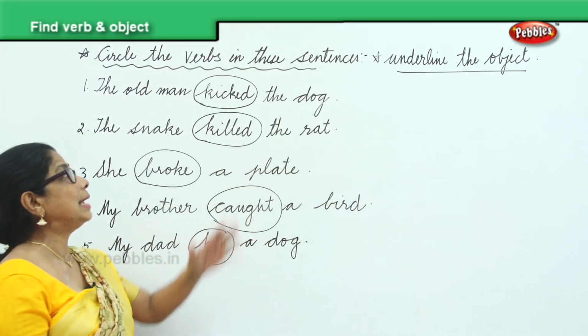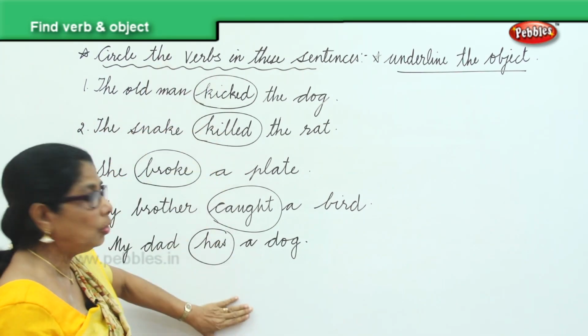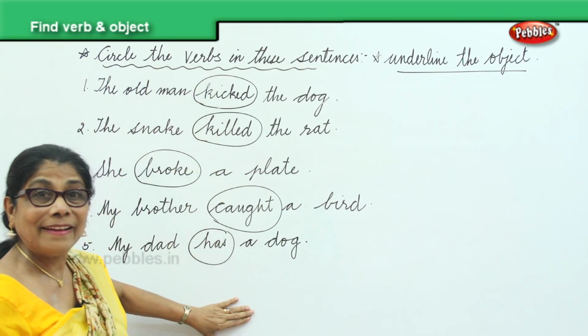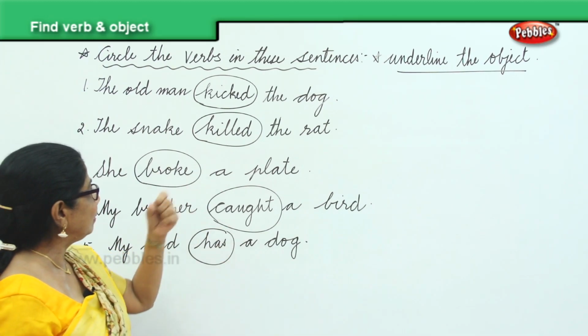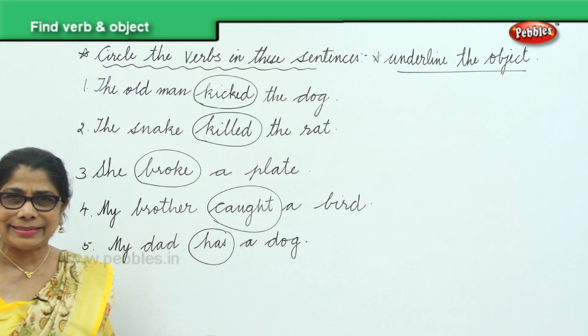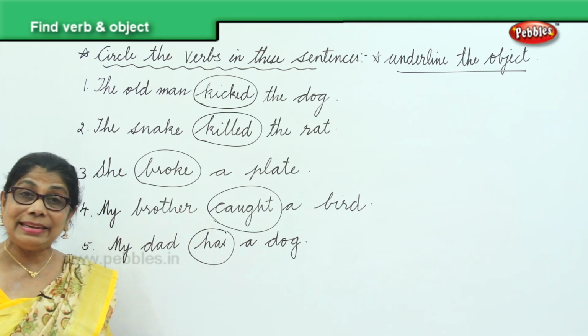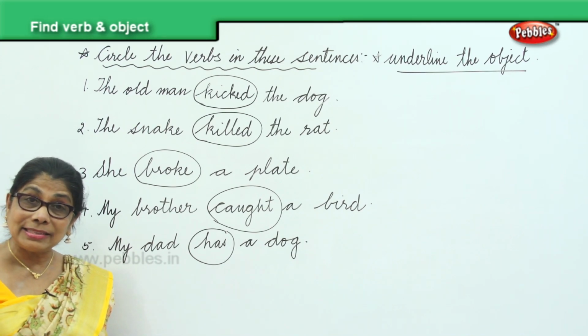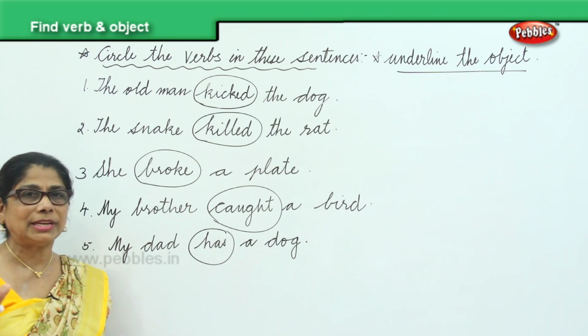We learned that a sentence has got a subject. We learned to circle all the verbs. Verbs are action words. What are the action words? Kicked, killed, broke, caught, has. Now, every sentence has an object. The subject does something to an object. What is the object?